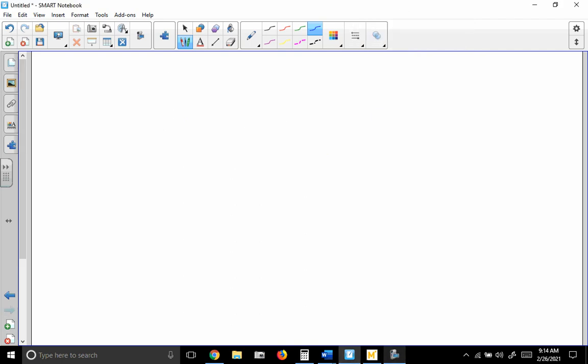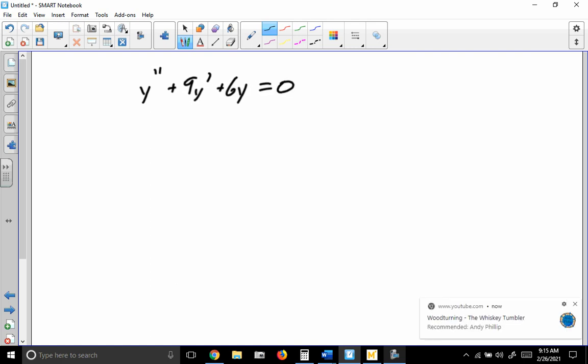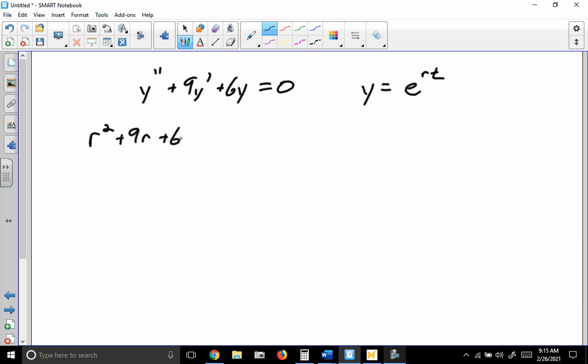So let's work one or two more problems. Let's work y double prime plus 9y prime plus 6y equals 0. So let's solve this one. So our y is going to be in the format e to the rt. So our characteristic equation will be r squared plus 9r plus 6 equals 0. This one factors as r plus 3 times r plus 3.